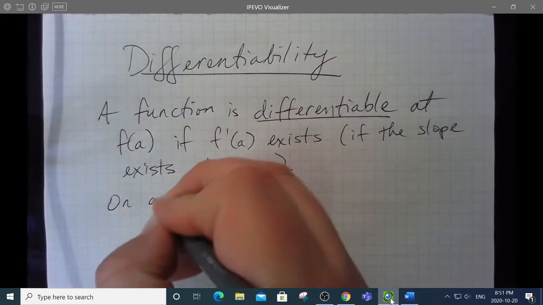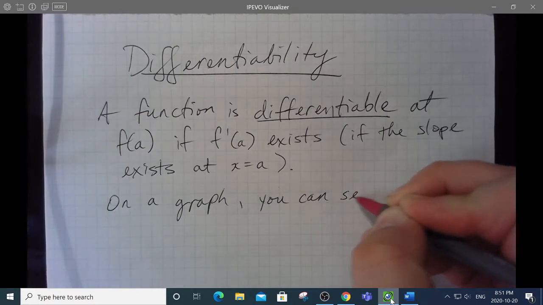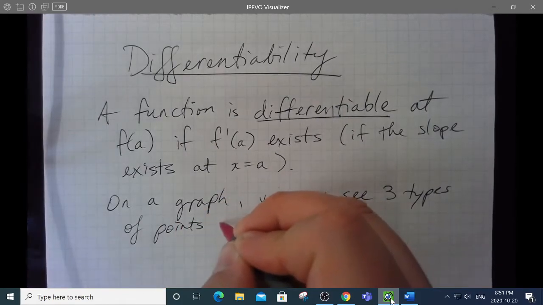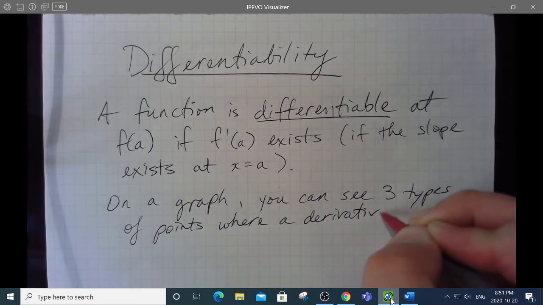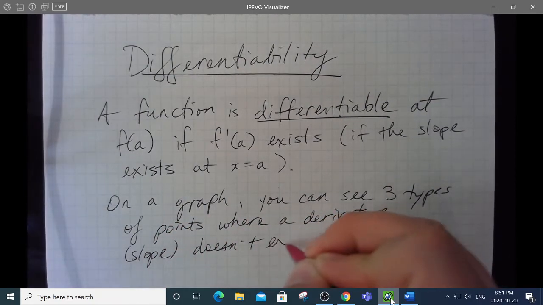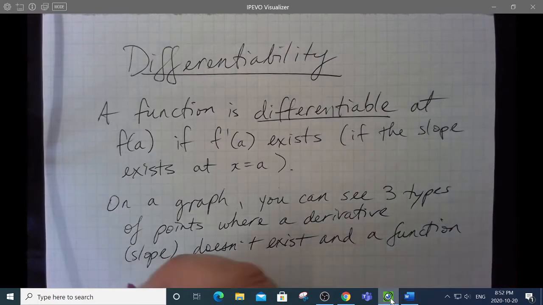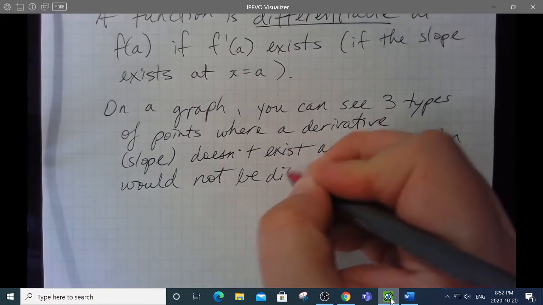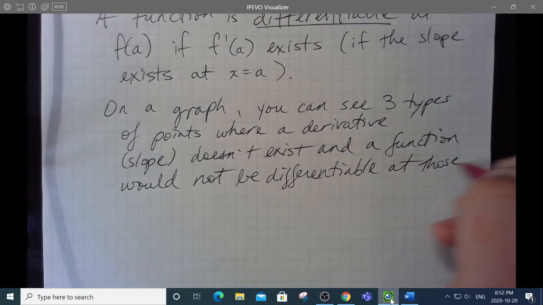On a graph, you can see three types of points where a derivative, in other words, slope, doesn't exist and a function would not be differentiable at those points.